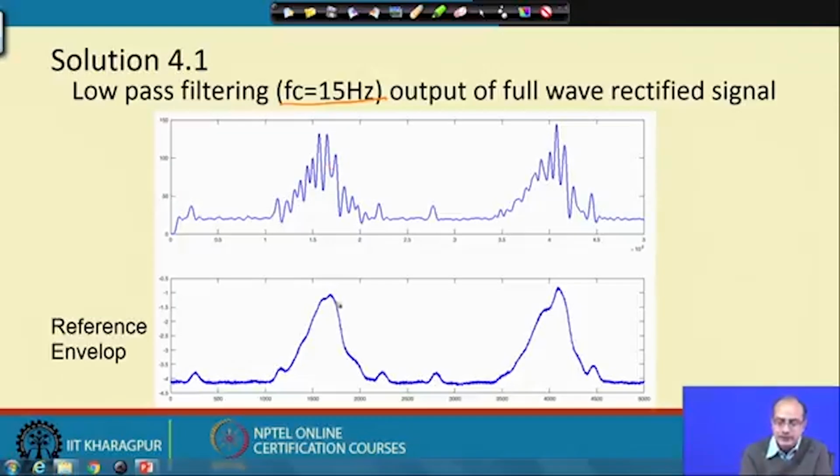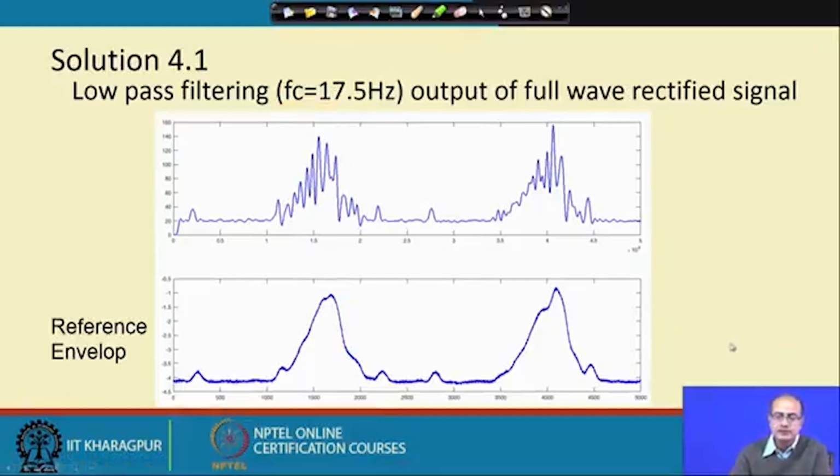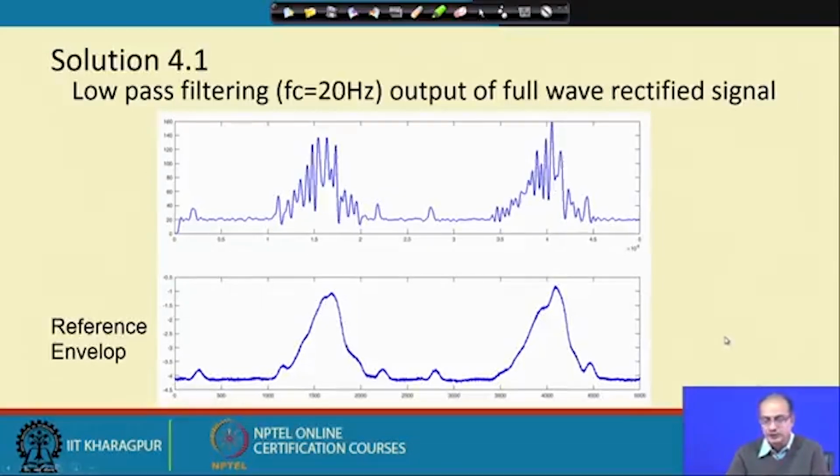In fact, the sharp reduction is followed here, but we find that ripples have also increased. Again it is increased further to 17.5 hertz, and we see more and more ripples coming. At 20 hertz, we see that the ripples are almost as big as the envelope.